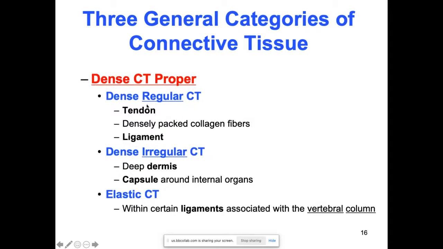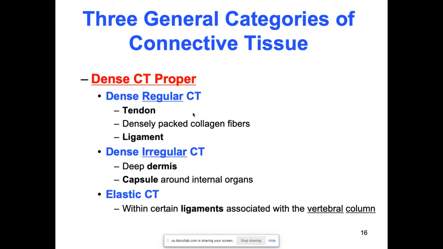Now dense connective tissue, if you look at dense regular compared to dense irregular, dense regular is when you have these collagen fibers that are packed closely together in these parallel forms. So tendons and ligaments, you're going to see a bunch of collagen fibers packed closely together in harmony.